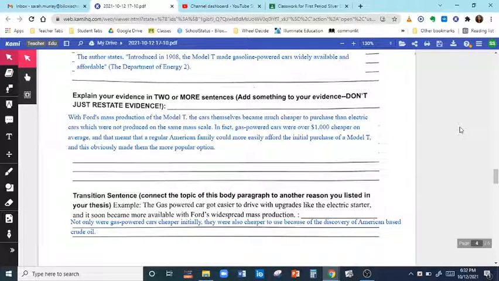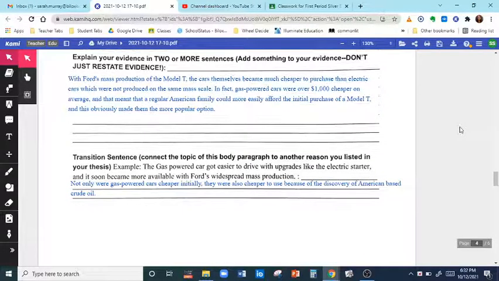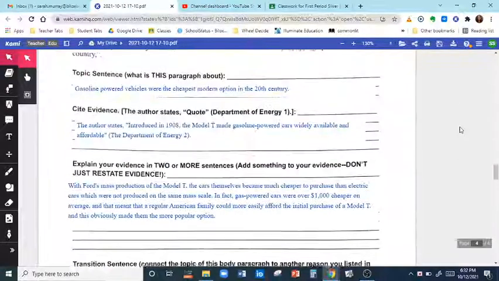In fact, gas-powered cars were over $1,000 cheaper on average, and that meant that a regular American family could more easily afford the initial purchase of a Model T, and this obviously made them the more popular option. Not only were gas-powered cars cheaper initially, they were also cheaper to use because of the discovery of American-based crude oil. So yes, that makes sense.